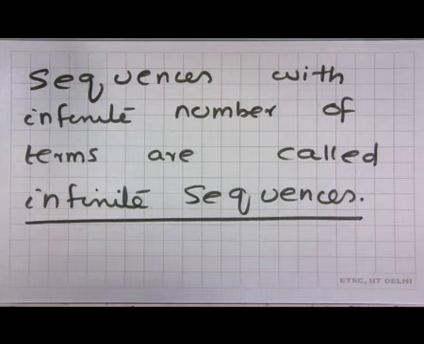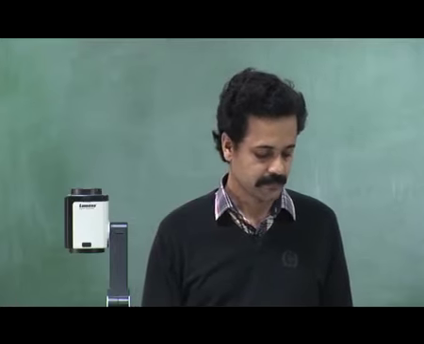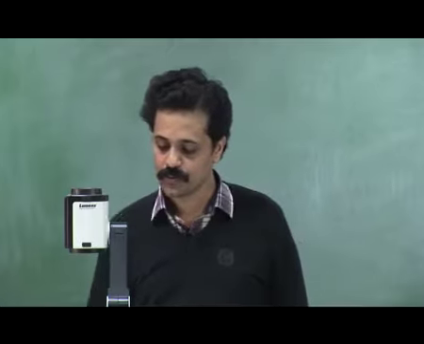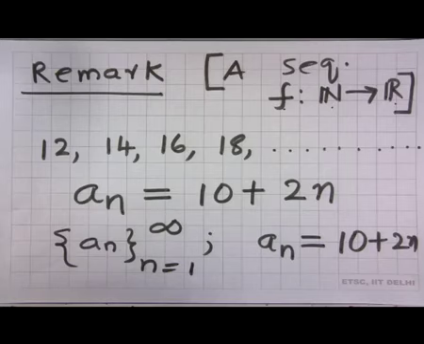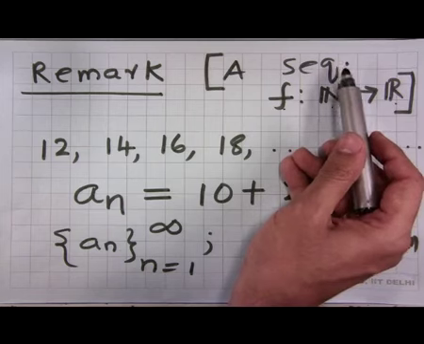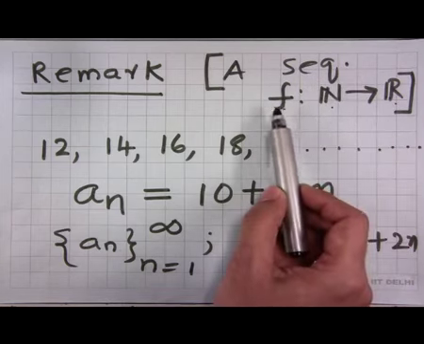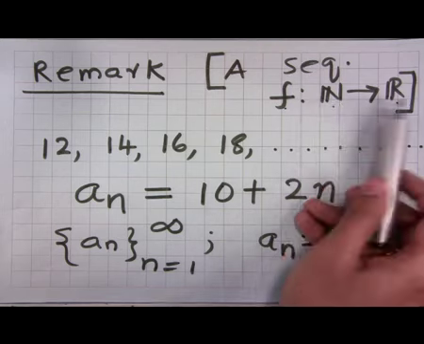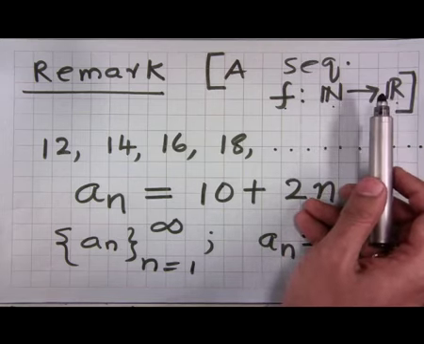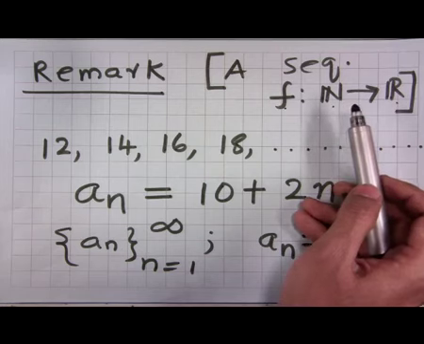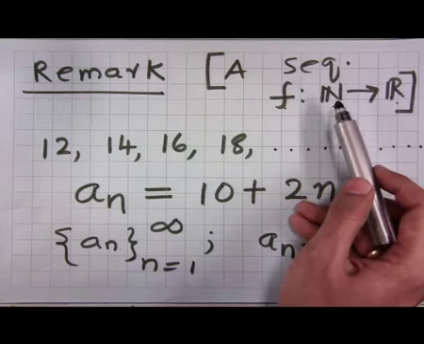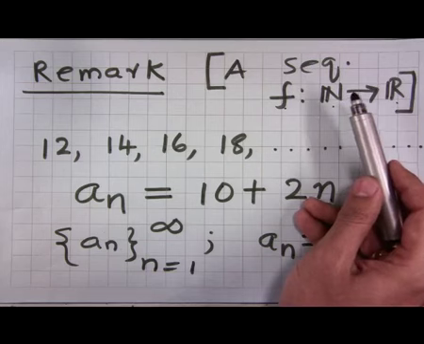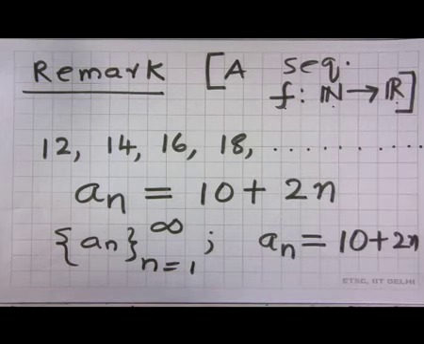Going back to the formal definition, since we have to incorporate also sequences with a finite number of terms, a sequence may be defined as a function from the set of natural numbers to R, or a finite subset of natural numbers 1, 2, 3 etc. up to k to R. Let me write it here.